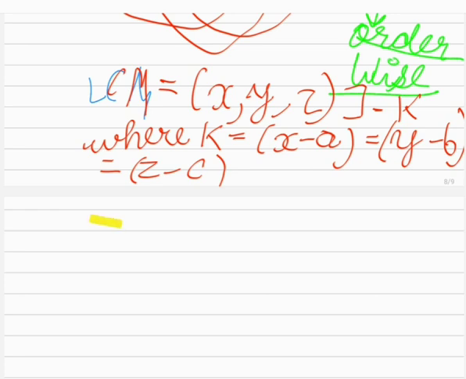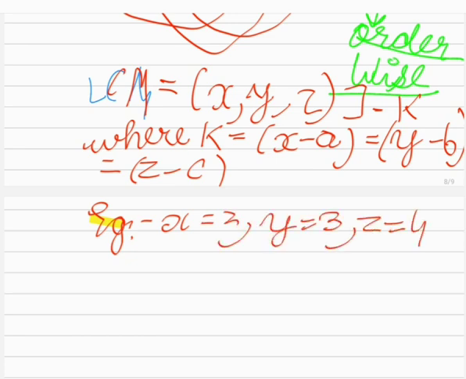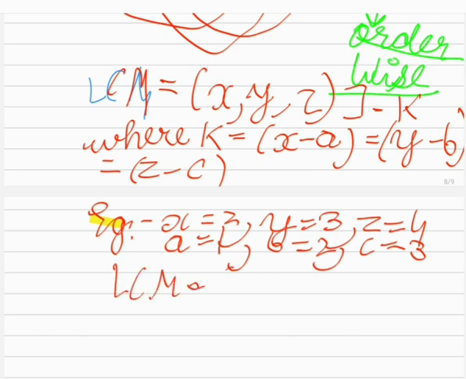And we gave an example for the first one, but this one is very hard, so I will give you an example. If x is 2, y is 3 and z is 4, 3 consecutive numbers, and they leave remainders a equal to 1, b equal to 2, c equal to 3. So see, what will happen? LCM would be equal to (x, y, z), 2, 3, 4, minus k.